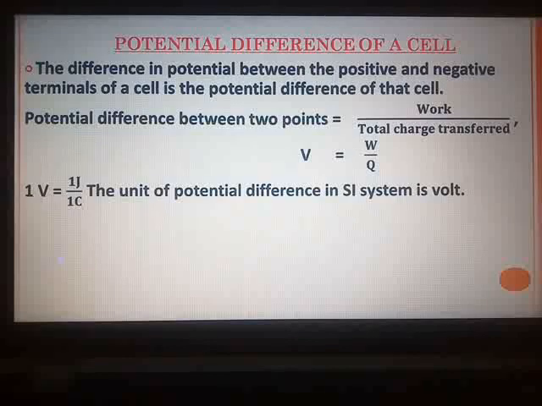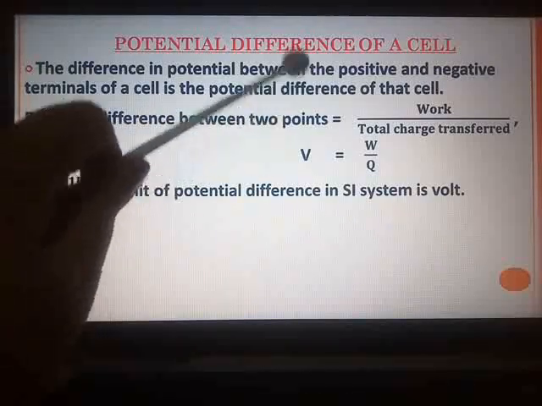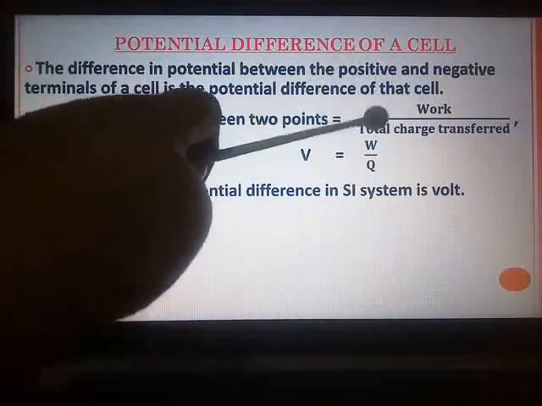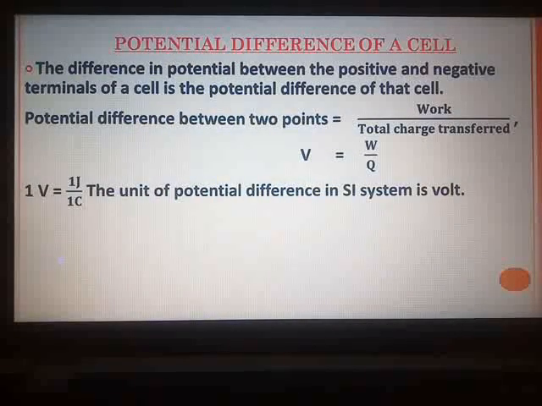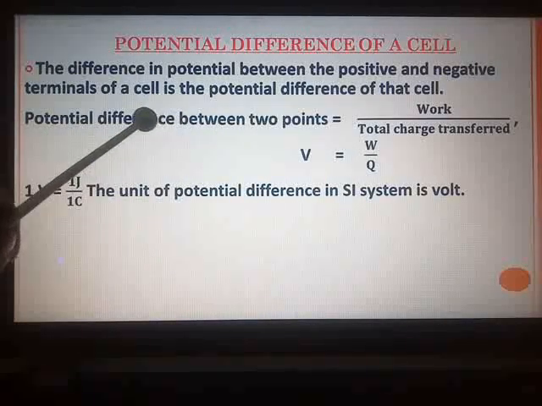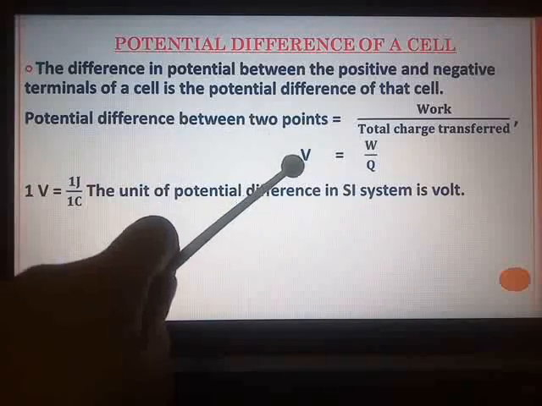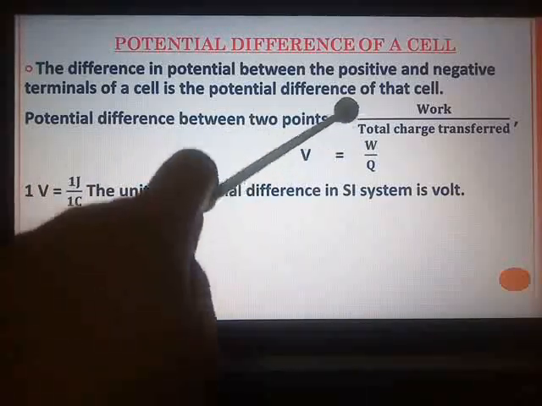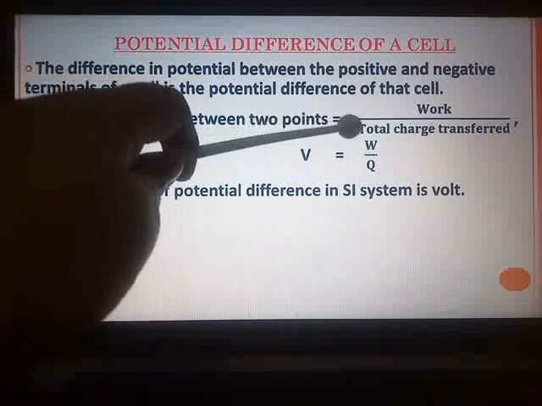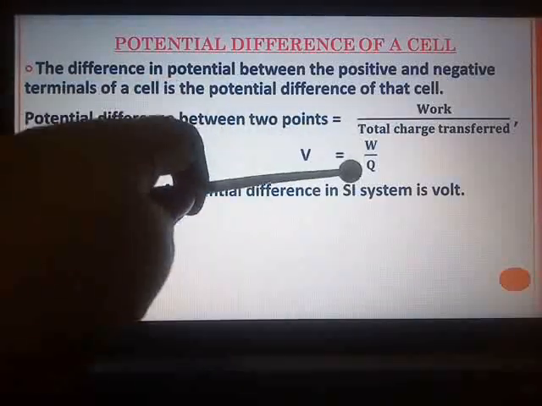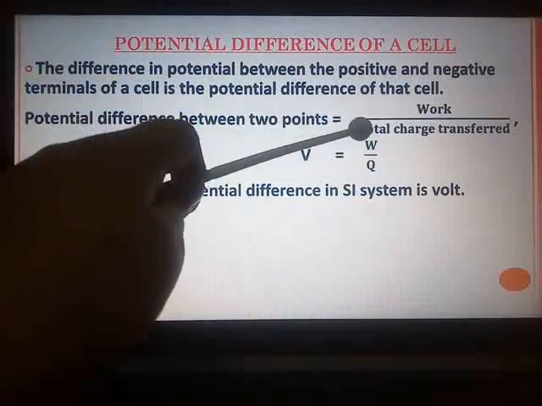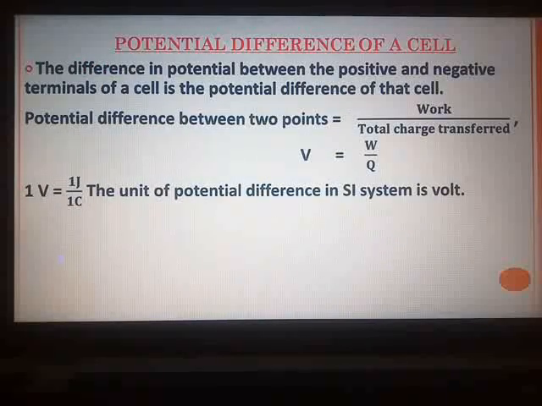And the formula of potential difference between 2 points is the work done upon the total charge transferred, the work done in carrying the charge from one end to the other end. So potential difference is shown by capital V, work is denoted by W and charge is denoted by Q. So V is equal to W upon Q.